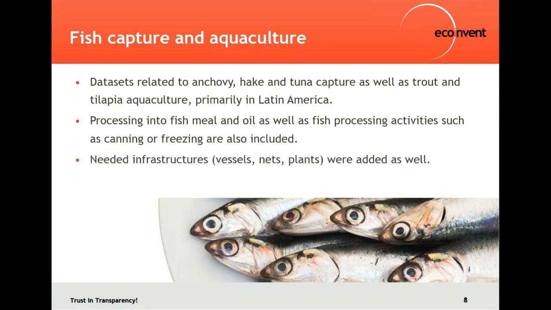All the needed infrastructures, of course, for all those activities I mentioned before have also been added to the database, and this is covering from the vessels to the nets needed for the capture, to the floating cages needed for the aquaculture, and all going to different processing plants that are used for the different processing activities.